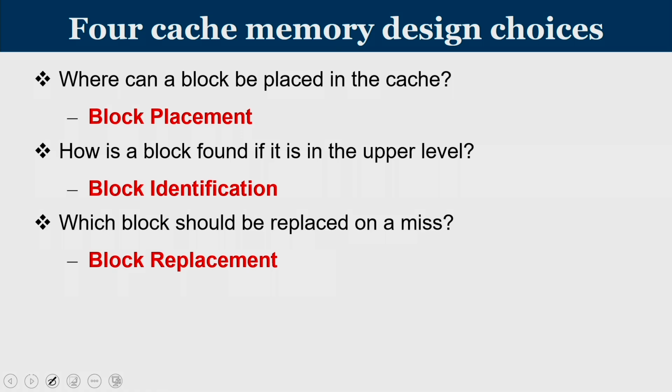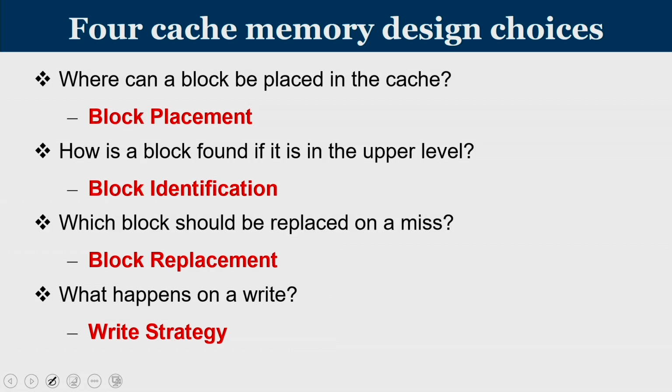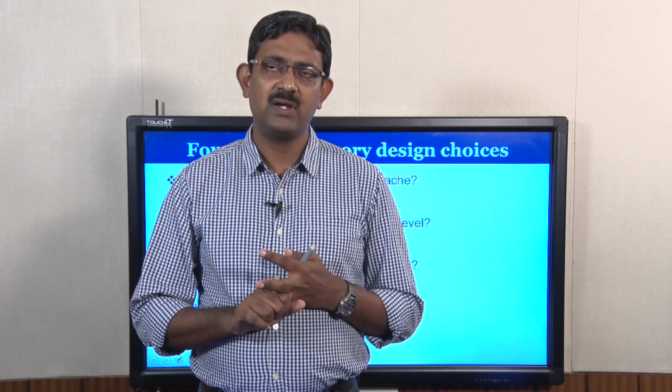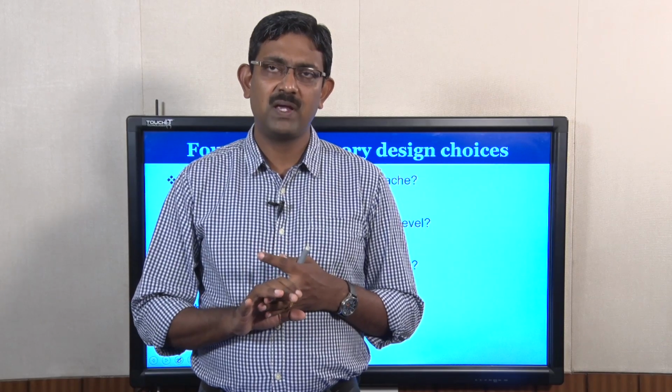That is called block replacement technique. And then when there is a write miss, what will you do? That is called write strategy. So designing cache memory involves 4 different challenges: block placement, block identification, block replacement and write strategy.